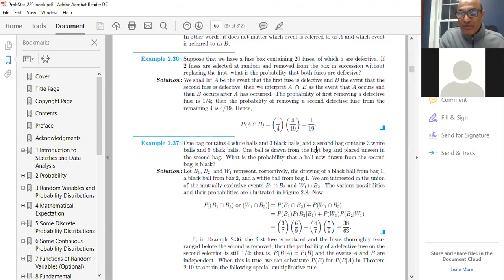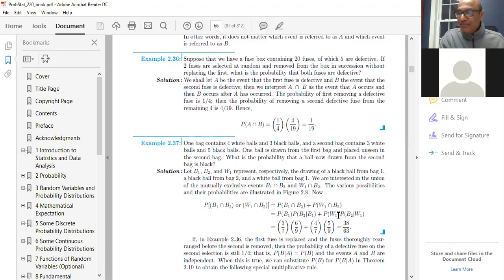So now I have one more black ball over here. So 9 balls total, 3 white, and not 5 but one more black ball from the first bag, so 6 black balls. So 6 divided by 9. I hope you understood. It's not that easy. I know it. You need to work on it. You need to practice this one.